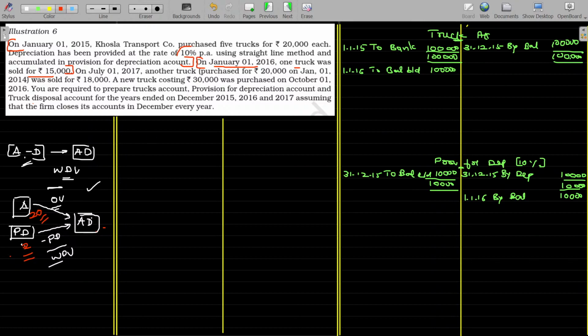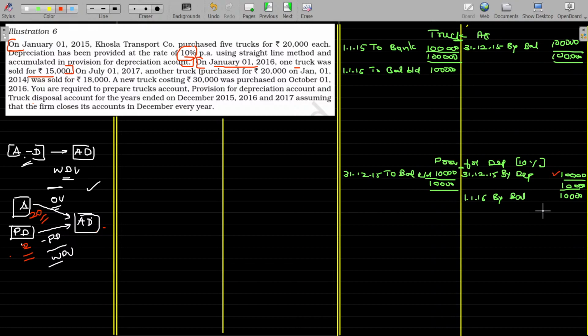For the 1 year, at the rate of 10%, it would be 2,000 rupees. The overall accumulated depreciation here, 10,000, is the depreciation for the 5 assets. Out of the 5 assets, only one asset is sold. Now find out the depreciation for the one asset. The depreciation for the one asset being 2,000 rupees, or 10% on the original cost of the one asset. So 20,000 into 10% is 2,000.